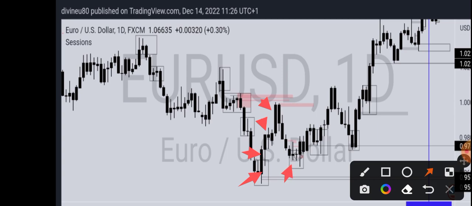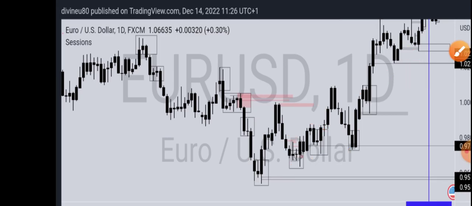Here you can see a range, you can see an impulse. Here you can see a range, you can see this other candle impulse. Here this doji, a range, impulse. Here a range, impulse, a range. You can see this impulse. So that's just how it is.